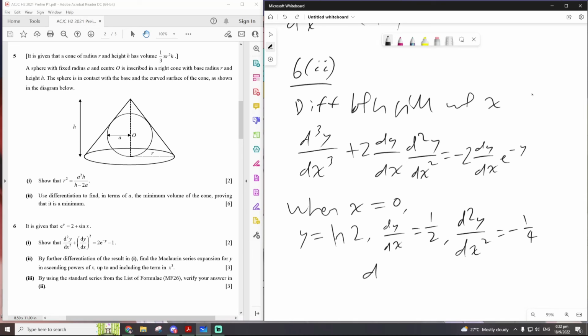d³y/dx³ is, okay, so this side half, this minus 1, and this is half, so this is negative half. This is 1, this is negative quarter, so this is quarter. I think so anyway.